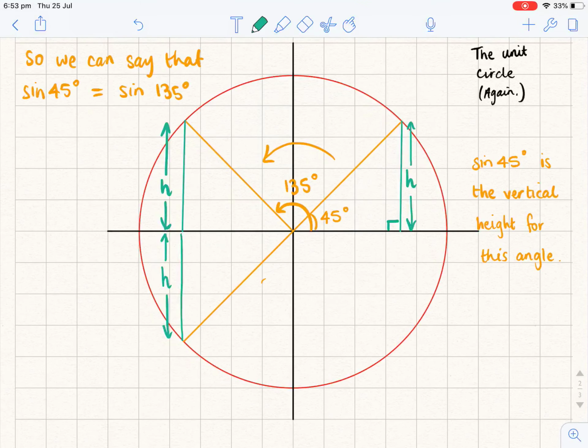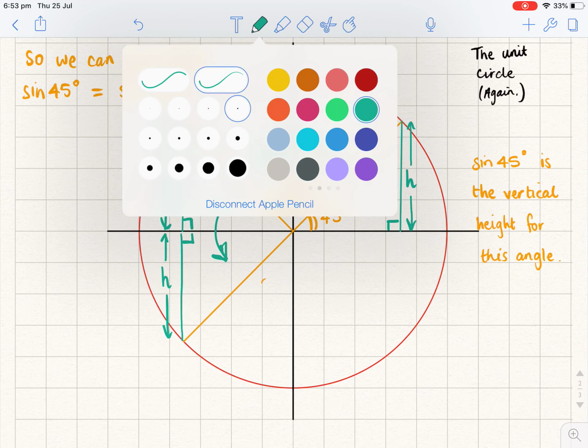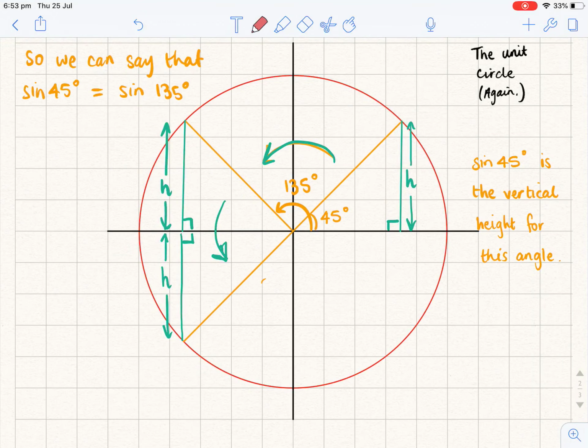And the answer is yes, h will be exactly the same. All we've created this time is, instead of reflecting across the y-axis, we have reflected now across the x-axis. It's still symmetry. So I can look a little bit further and say, well, what is this angle then?